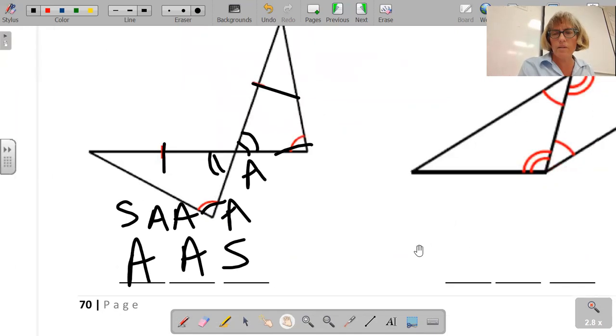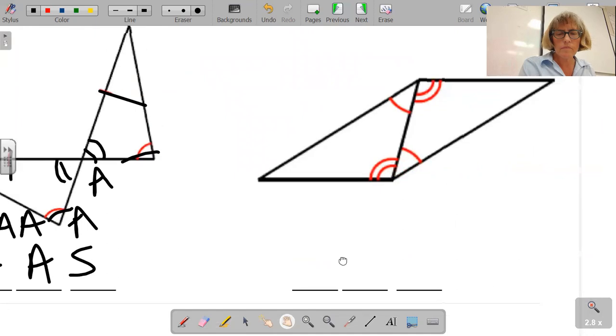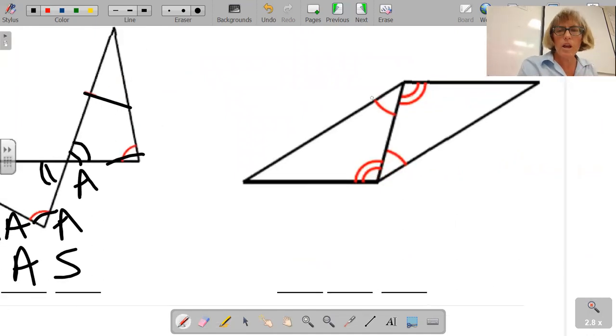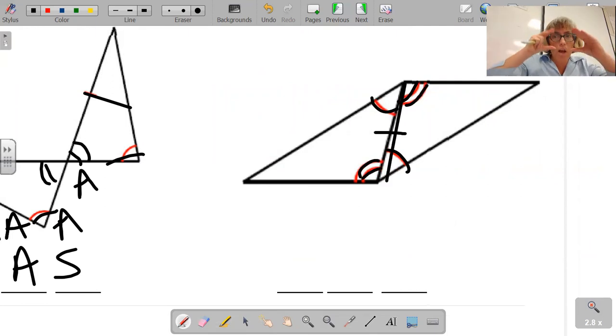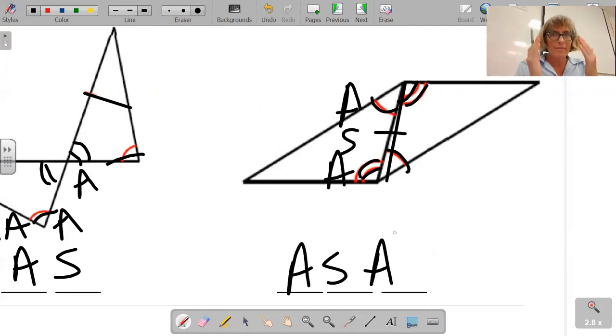On the right-hand side, I have a pair of angles, another pair of angles. I have a side that's sandwiched between both angles. So this reads angle, side, angle. Hopefully you got those last two correct. That's left is tail, right is hamburger.